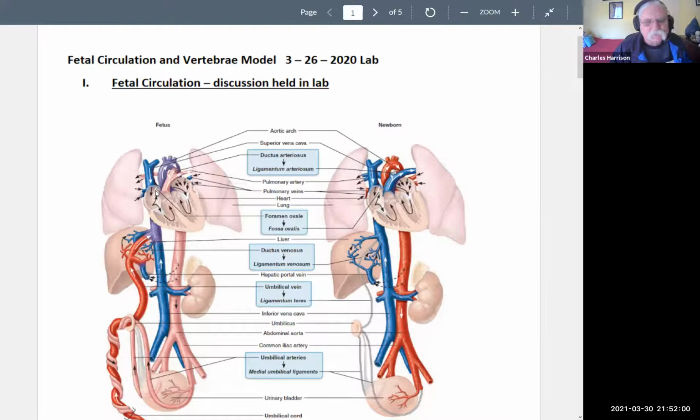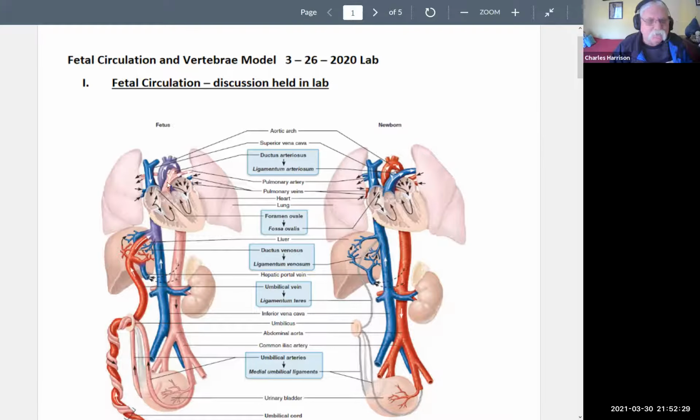We've had that word before. At birth, the foramen ovale must close. It should close immediately. And when it closes, then this direction is cut off, going from the right to the left side. It's establishing the adult circulation.